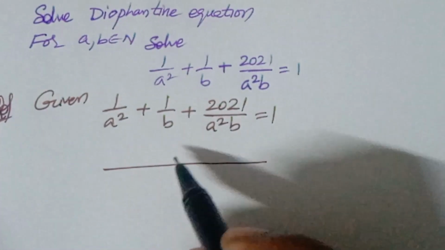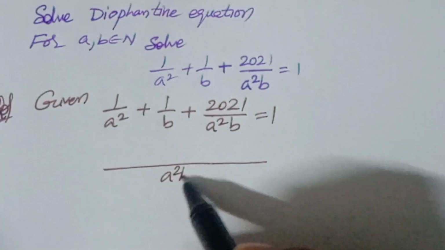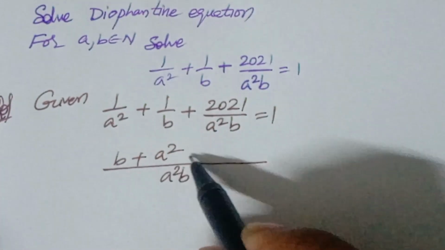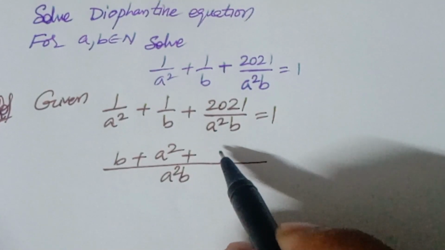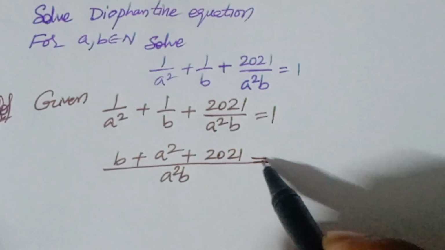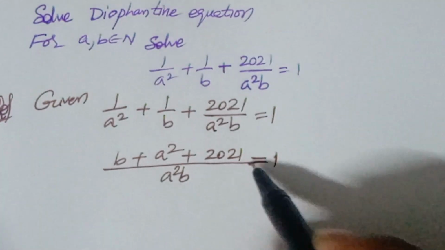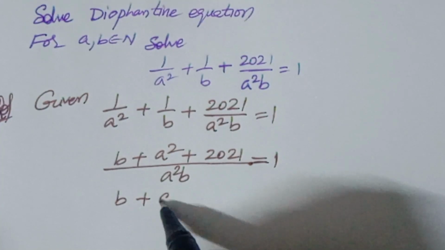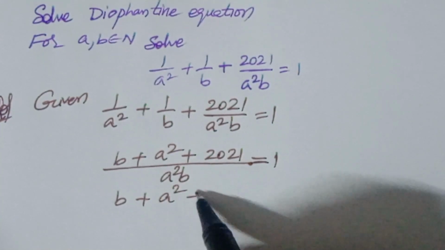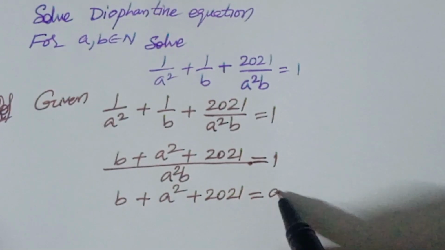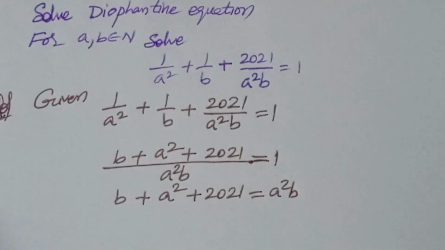Now taking LCM, a square b is the LCM here: b plus a square plus 2021 is equal to 1. Now here, if you take the terms to one side, b plus a square plus 2021 is equal to a square b.